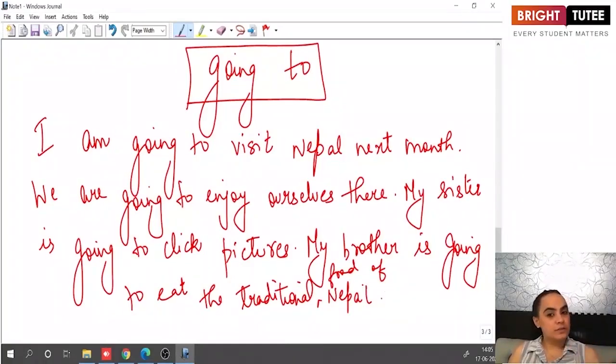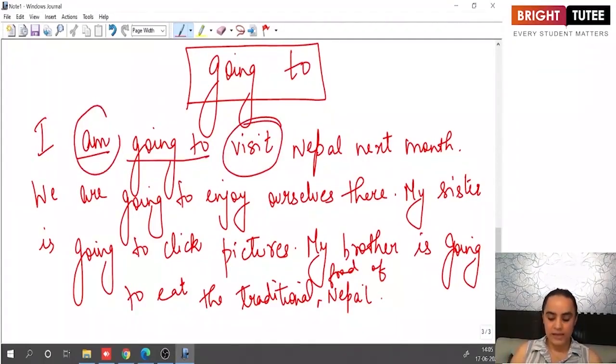What was the difference that you noticed between the paragraph that I wrote earlier at the time of introducing future tense? I will go, we will see, we will do, and so on. Here we are using the going to form. So I'm going to use the present forms of the word be, that is am, is and are, plus going to and the main verb.